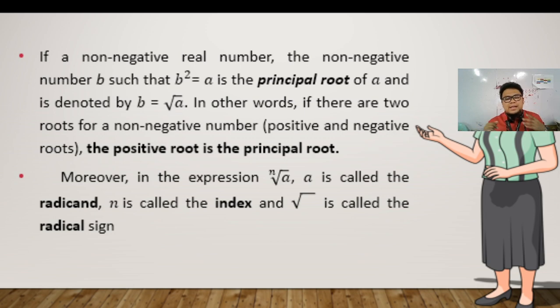So in short, class, to identify the principal root of a number, you just look for the positive root. We have two roots for every perfect square number. Just like the square root of 25, which is 5 and negative 5, the principal root is the positive root, which is 5.